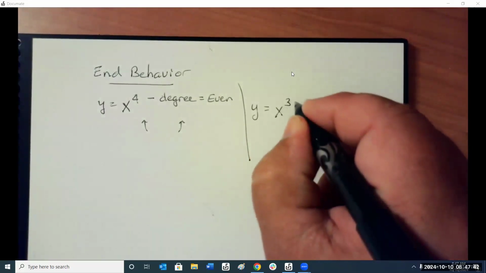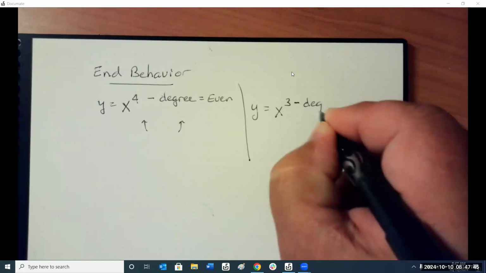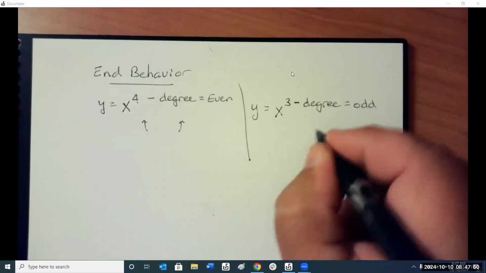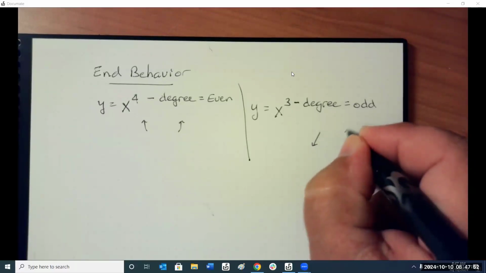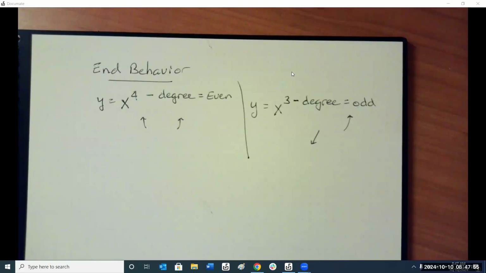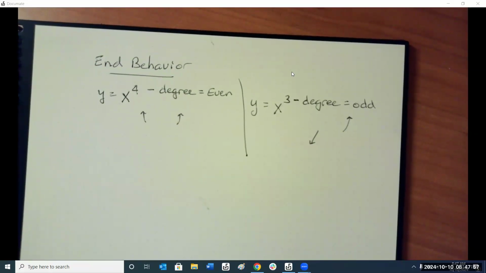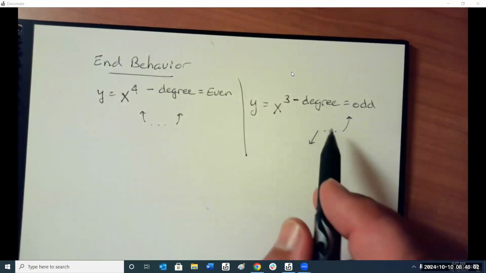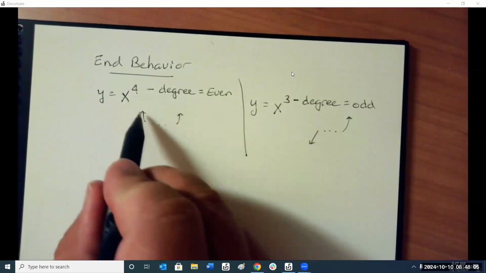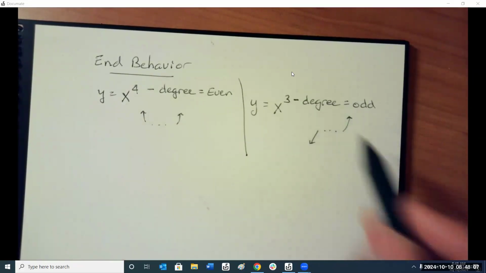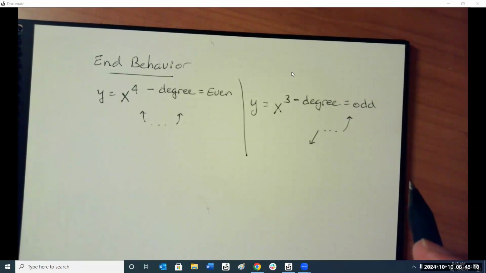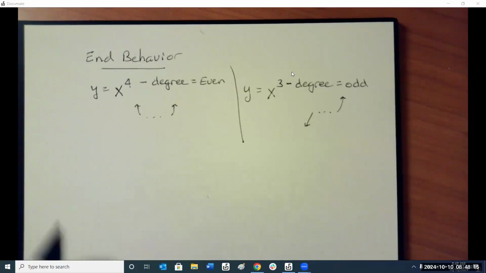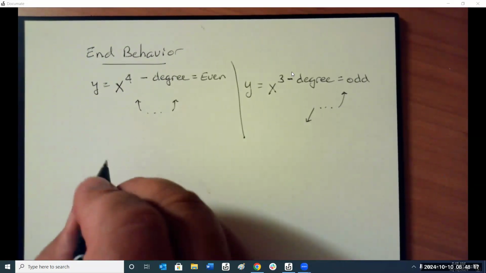If the degree is odd, the end behavior is they point opposite directions. We don't know what happens in the middle, but we know at the end of the graph, evens have to point in the same direction, odds, opposite directions. So we have a chart that we can do to help us.